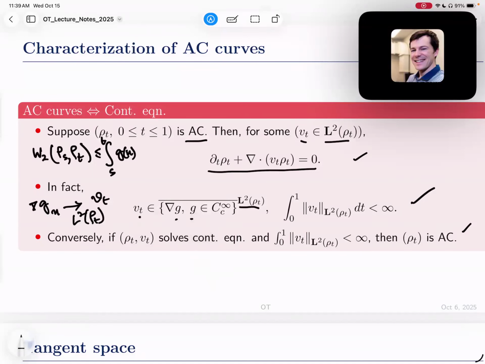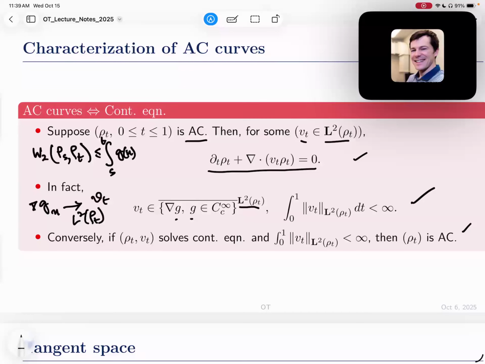It means that there must be some sequence of Gn which are smooth, compactly supported, such that the gradient of Gn converges to the velocity field in L2 of rho t. And the integral of the norm of Vt in L2 of rho t must be finite. And conversely, if you start with a continuity equation of this type, then the corresponding rho t must be absolutely continuous.